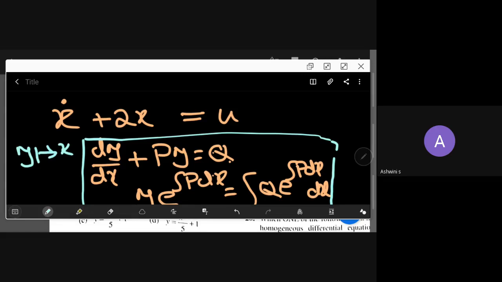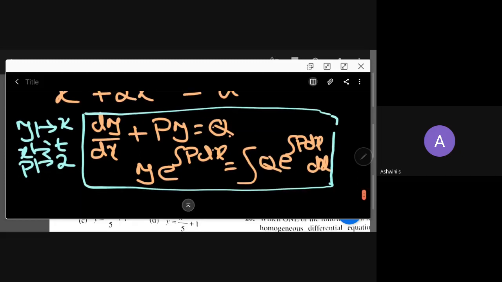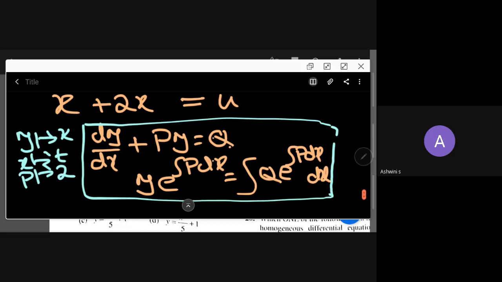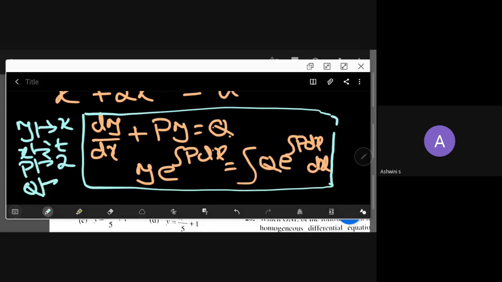In place of x we have t. In place of p we have 2, and in place of q we have u.